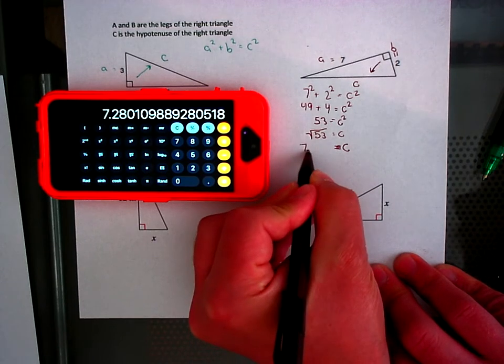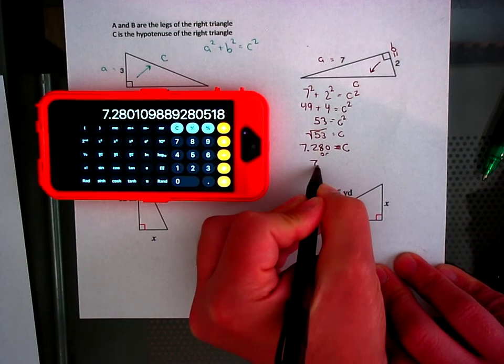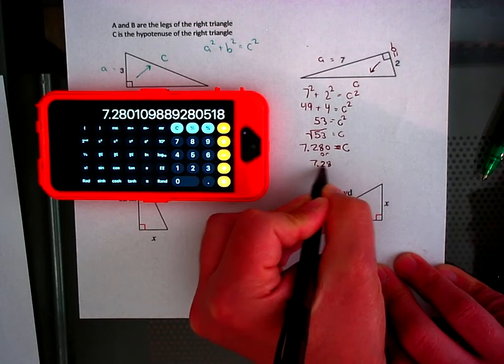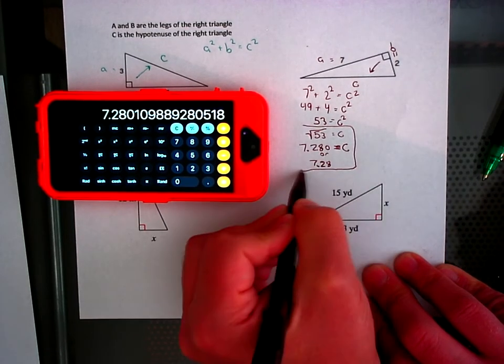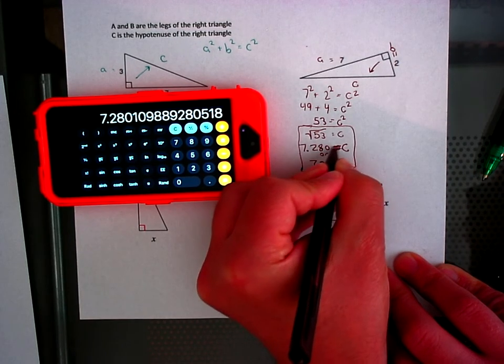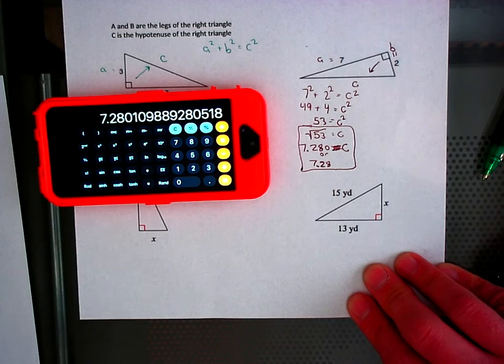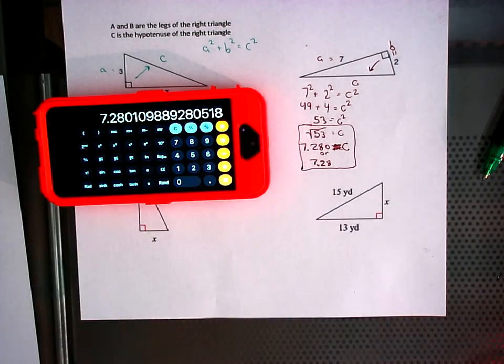So I could put 7.280 or 7.28, because if it's a 0 and it's after that decimal point, I can really just drop it. And again, I should put my equal sign kind of with the squiggly lines, because it's not exact. It's close, but it's not perfect, because if I put 7.28 times 7.28, I'm not going to get 53 in my calculator.